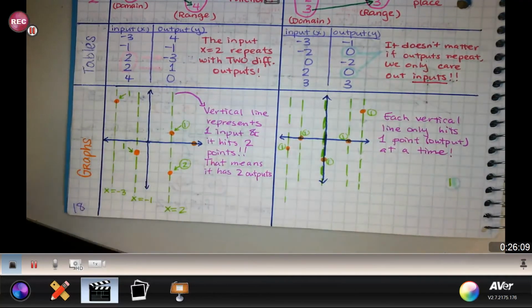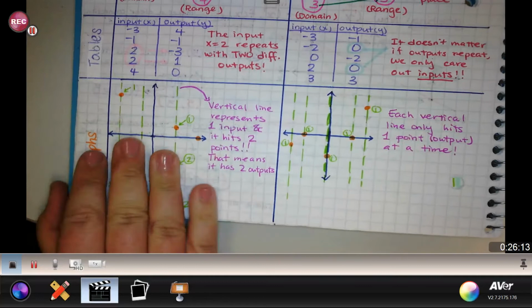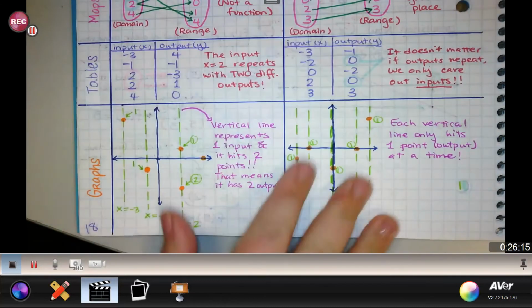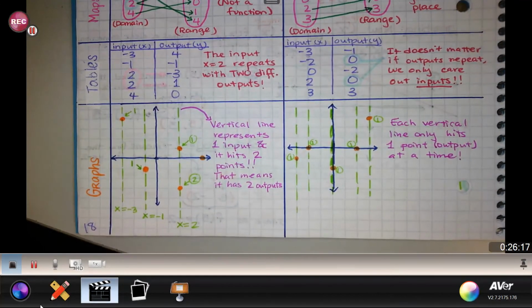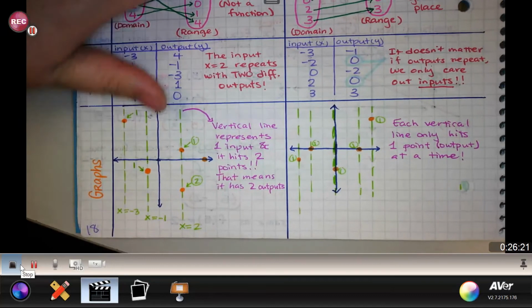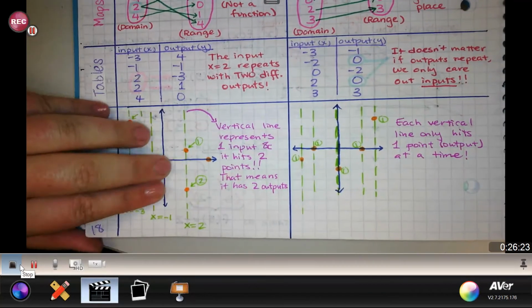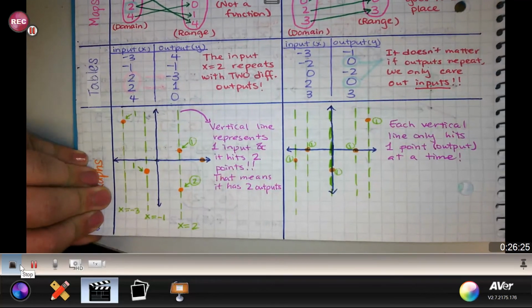And since each input only hits one output, it must be a function. And there you go. So there are the different types of representations and whether they're just a relation or a function. Because remember, all of these on this left side are still relations, but they're just not functions.